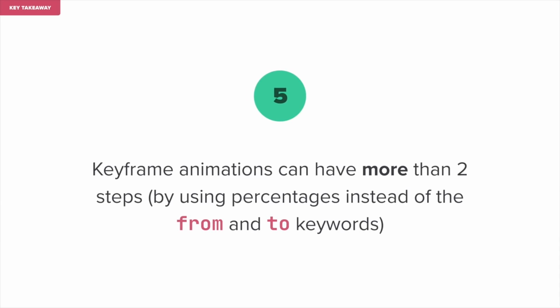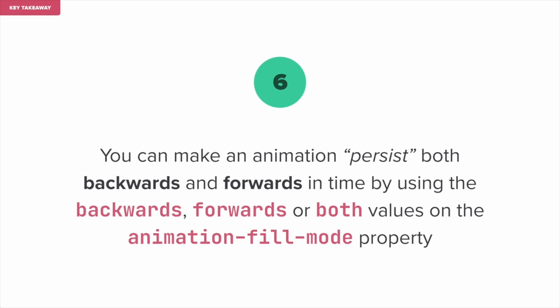Keyframe animations can have more than 2 steps by using percentages instead of the from and to keywords. You can make an animation persist both backwards and forwards in time by using the backwards, forwards, or both values on the animation fill mode property.